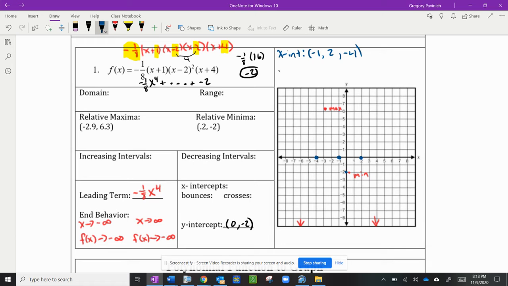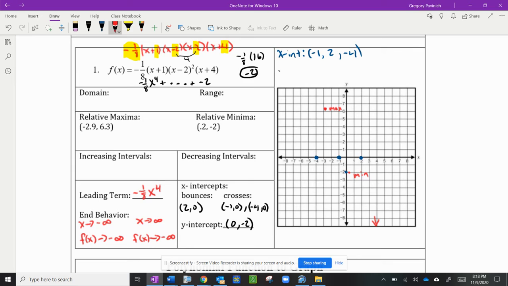And now I'm going to sketch the graph. We can talk about bounces. Definitely bounce at 2, 0. We're going to cross through at -1, 0 and -4, 0, since those are the odd number of times. So here I'm going to start.